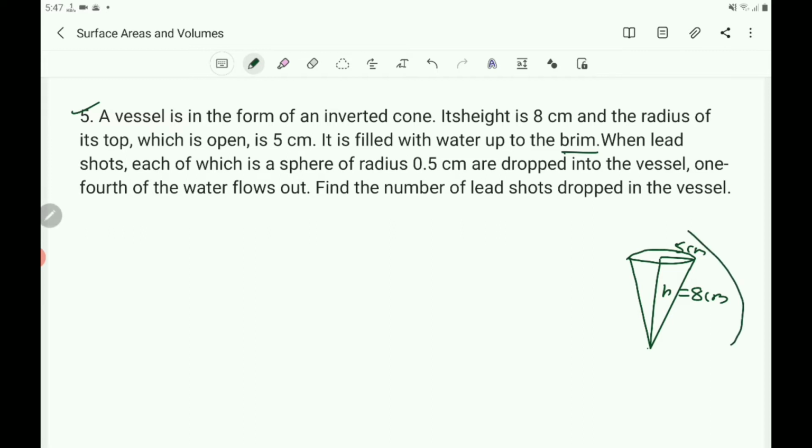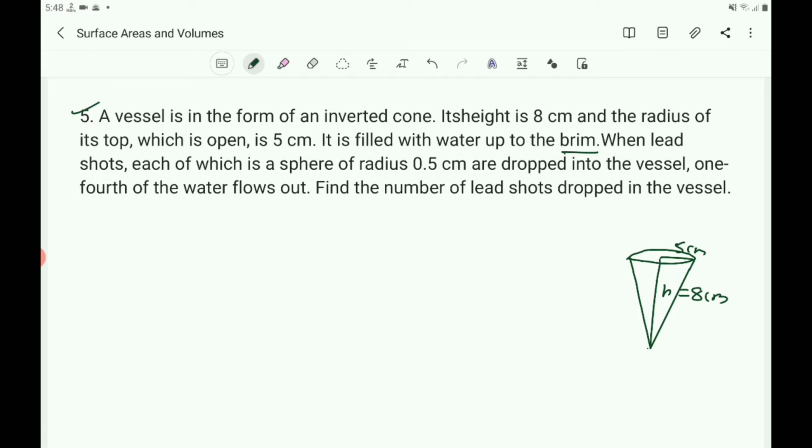First you get the volume of the water in the conical vessel. That is nothing but the volume of the conical vessel. Now first find the volume of the conical vessel. After that, find the volume of each lead shot. You know that the volume of the water displaced, or the water that flows out, is equal to the volume of the lead shots.